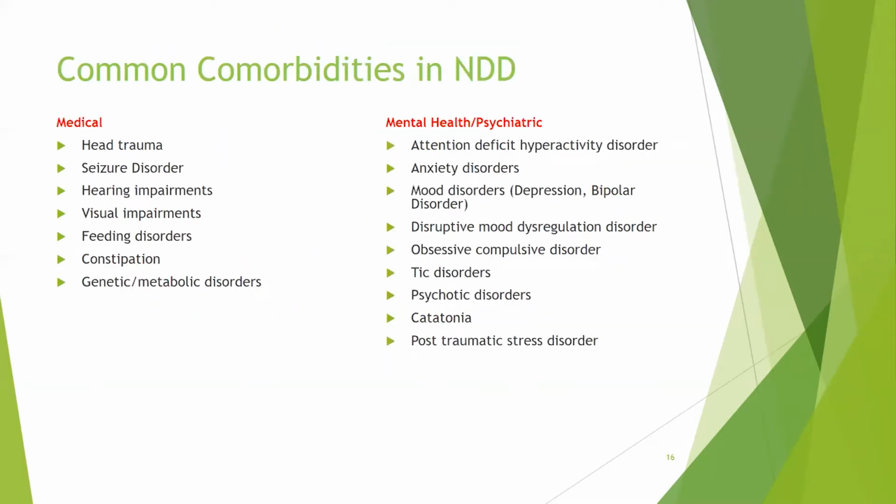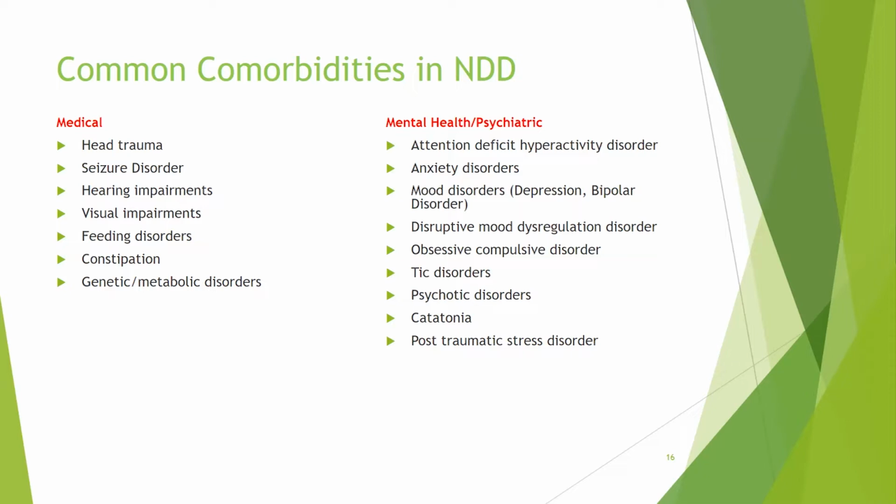So the common comorbidities that we see in neurodevelopmental disorders can be medical comorbidities, especially head trauma, seizures, hearing and visual impairments, feeding disorders, constipation, and other metabolic disorders.